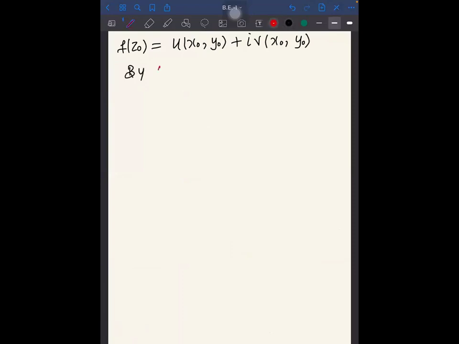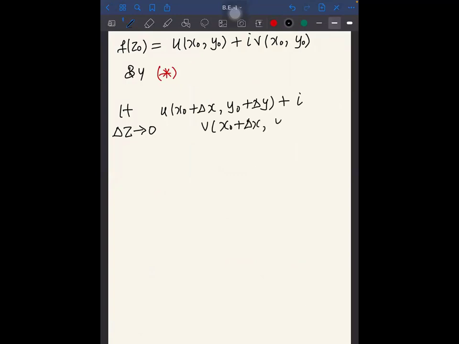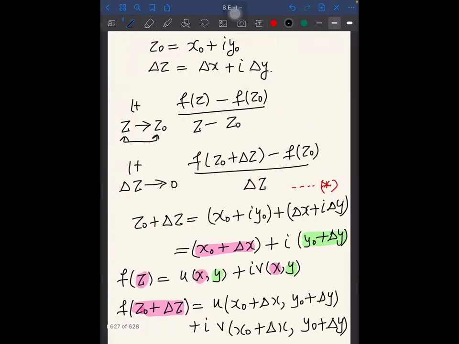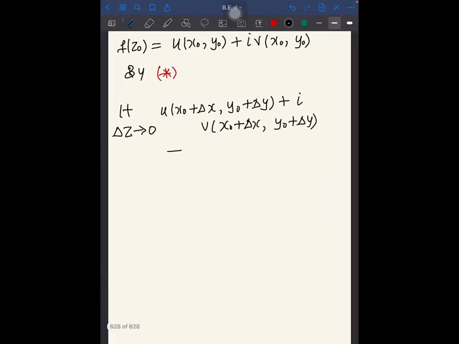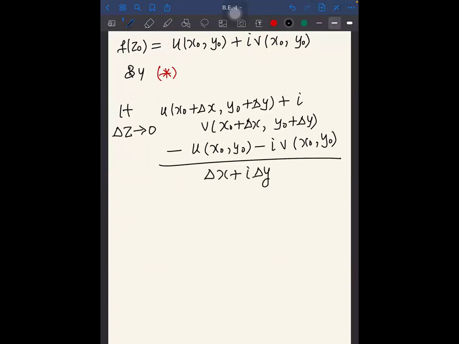By star, I mean the limit as delta z goes to 0 of this whole expression: u of x naught plus delta x, y naught plus delta y, plus iota v of x naught plus delta x, y naught plus delta y, minus u of x naught y naught, minus iota v of x naught y naught, upon delta z, and that delta z is nothing but delta x plus iota delta y. Is it fine? You're with me?